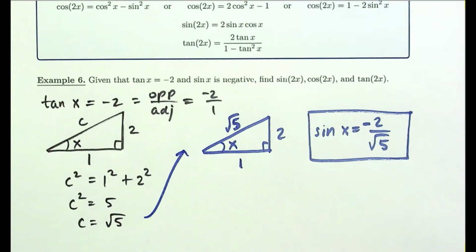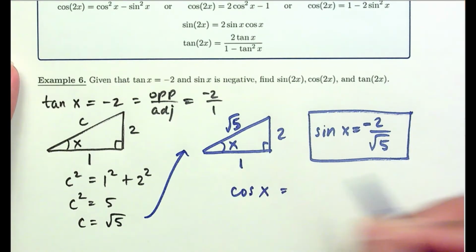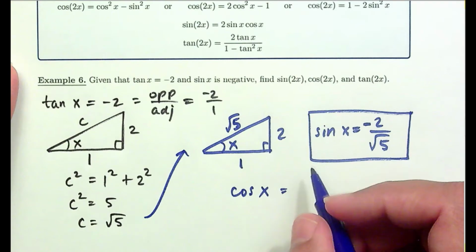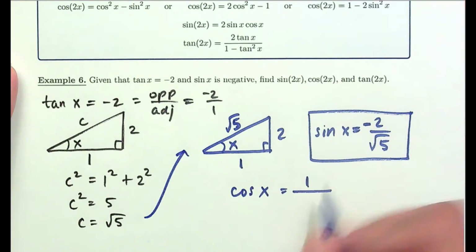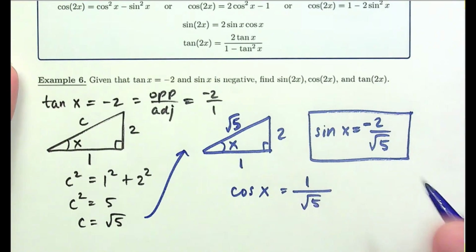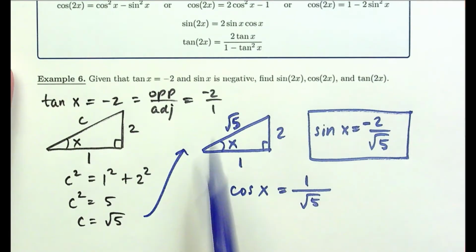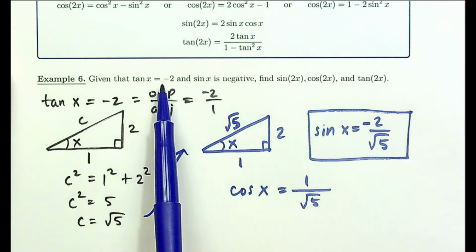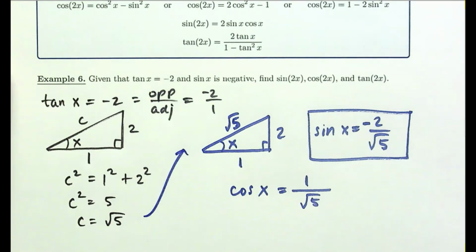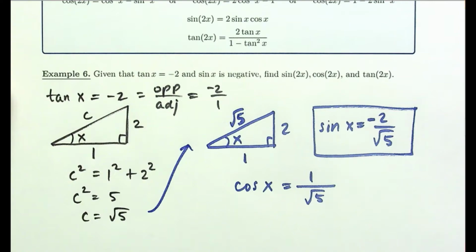To figure out the cosine, again, look at the picture. SOHCAHTOA: cosine is adjacent over hypotenuse. Now, is it positive or is it negative? They told us that sine is negative and the tangent is negative.